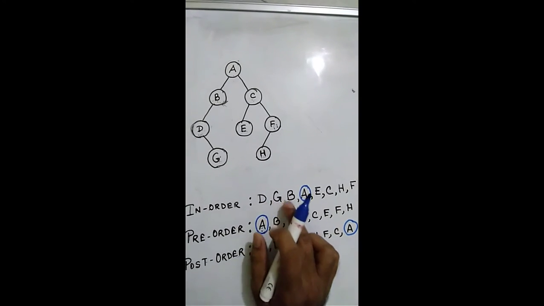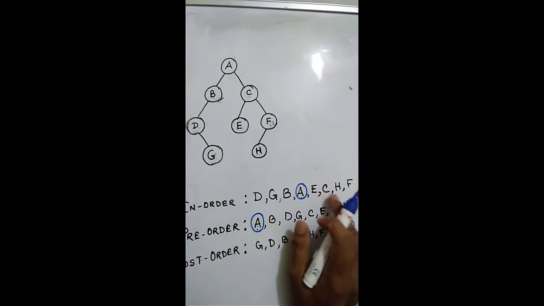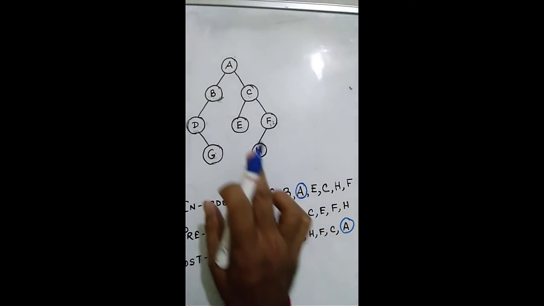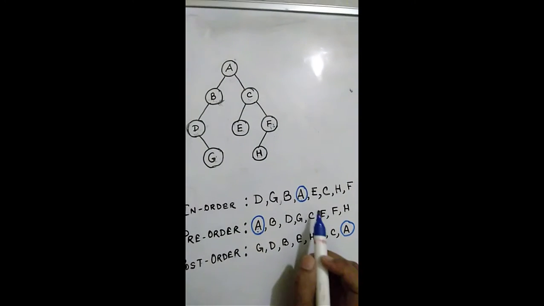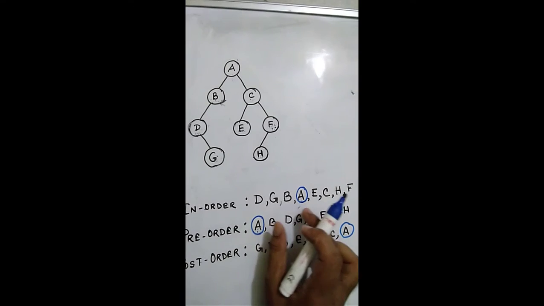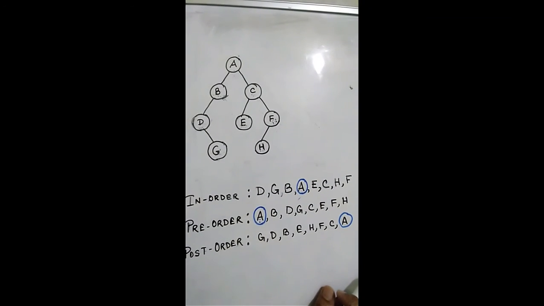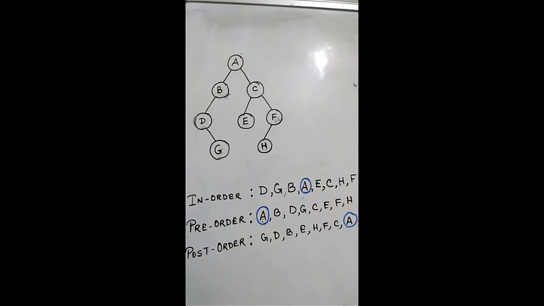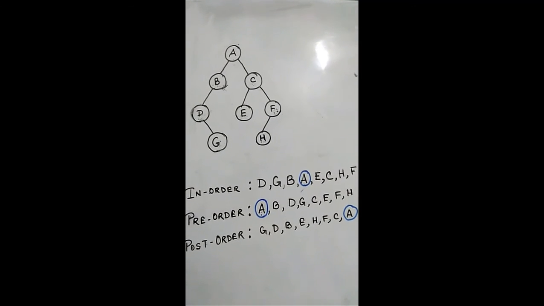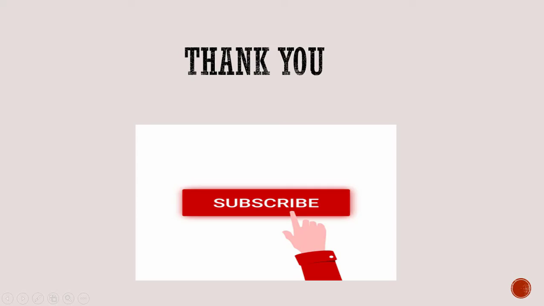So D, G, B is the left subtree of the binary tree, and E, C, H, F are the nodes in the right subtree, and the root exists in between the left subtree nodes and the right subtree nodes. So this is all three types of tree traversals: in-order, pre-order and post-order.